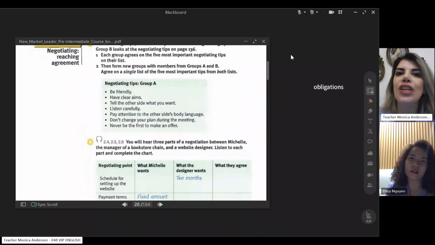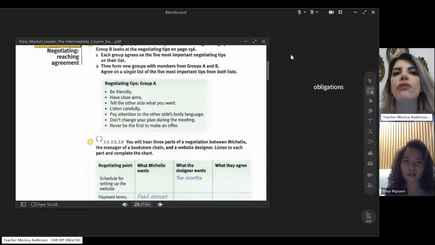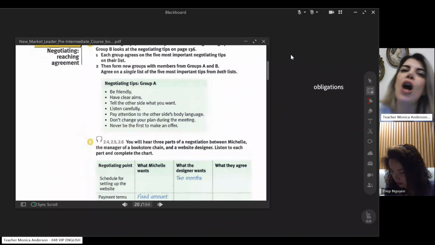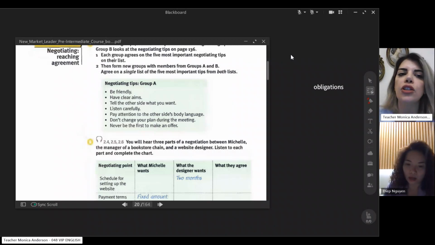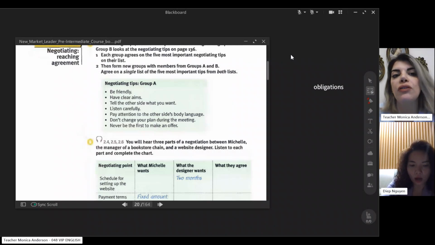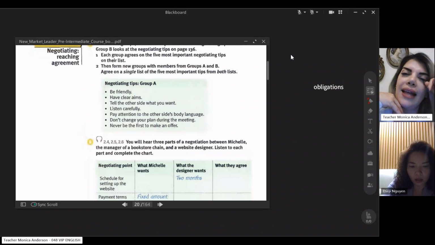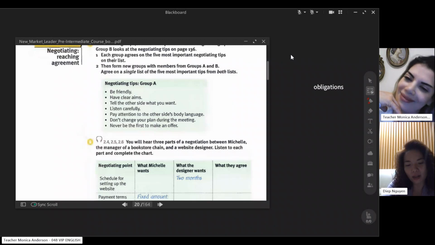The aim of this task is to use modal verbs. So for example, we don't need to, we should, we must. So you think we need to, we should, or we have to tell the other side what we want because we need to clarify everything. Okay, now I know your question.